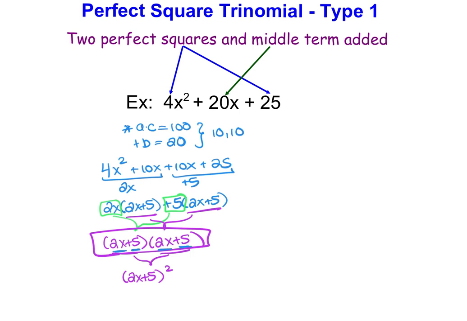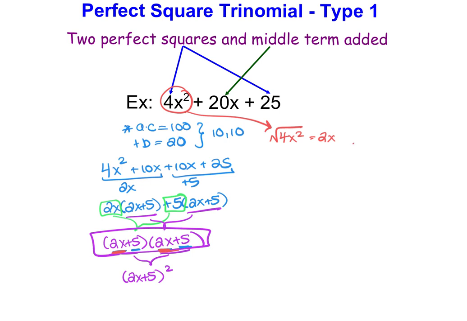And if you go back and look closely at the equation, there's a really special relationship going on. First, we have 4x squared. If you square root 4x squared, the square root of 4 is 2, and the square root of x squared is x. And that's the first number in each of these parentheses.